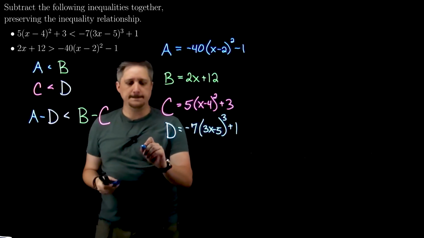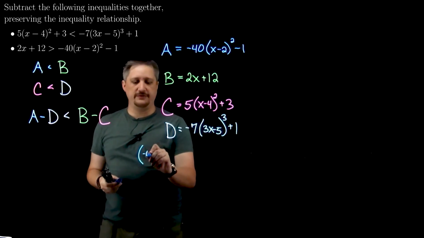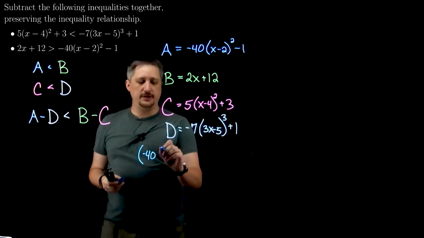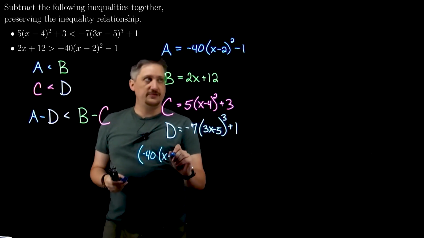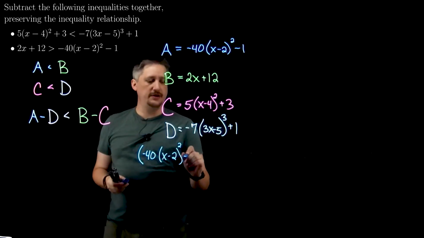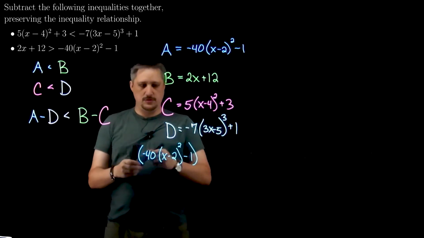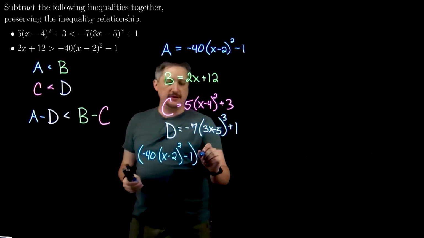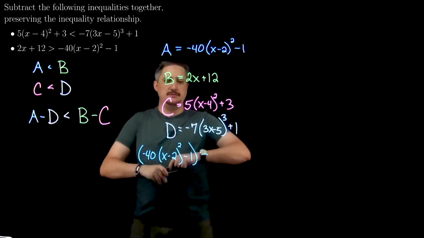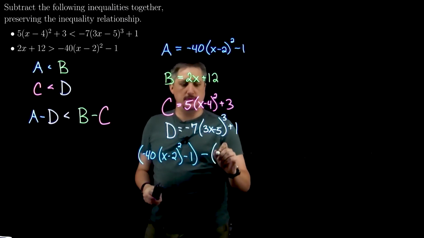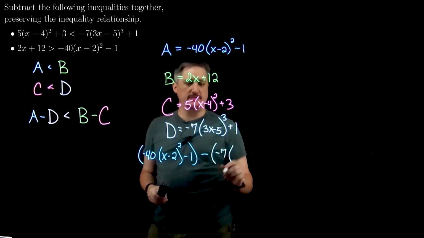So A was negative 40 times x minus 2 squared minus 1. And then I am subtracting D, minus 7 times.